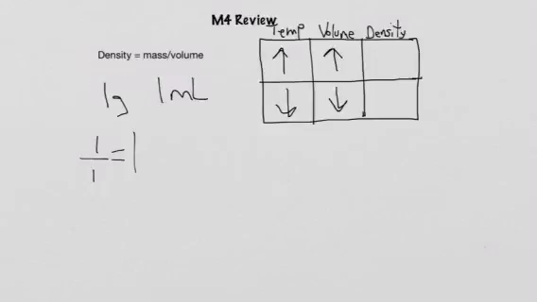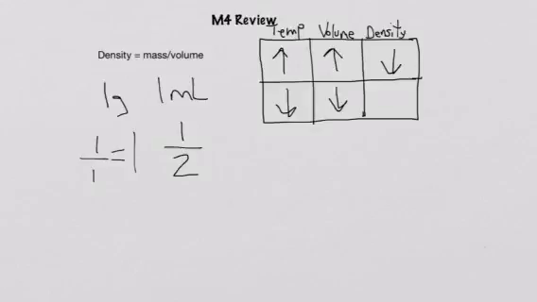What also is going to increase? The volume. So, let's say that we have 1 for our mass still, but our volume doubles on us. Now our density is 1/2 where it used to be 1. So, when temperature goes up, volume goes up, density goes down.